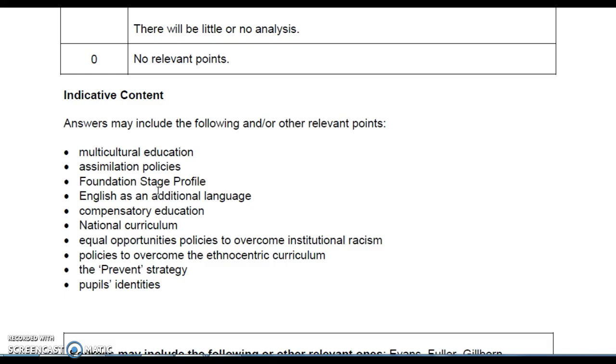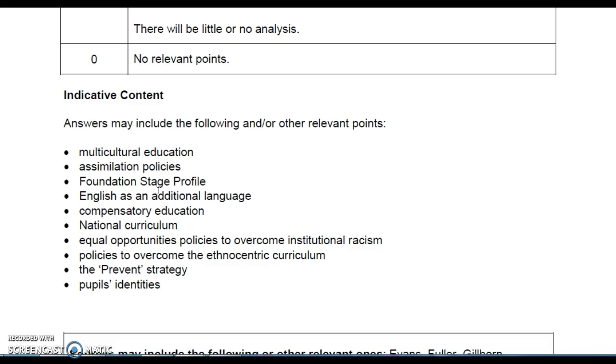This was because instead of doing it at the beginning of school, the foundation stage profile was done at the end of the first year and was based on teacher recommendations, and so actually it's not the policy, it's teacher racism, which is labelling students as being less able to achieve.